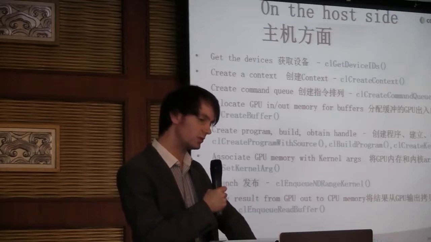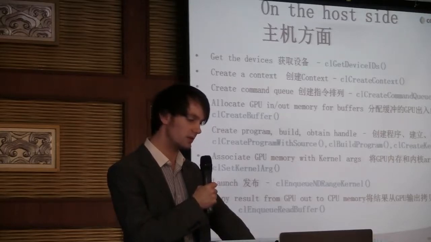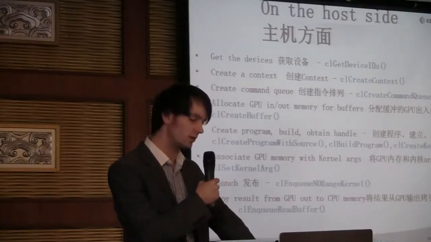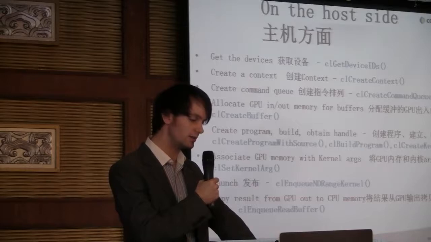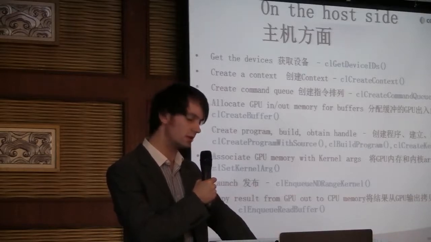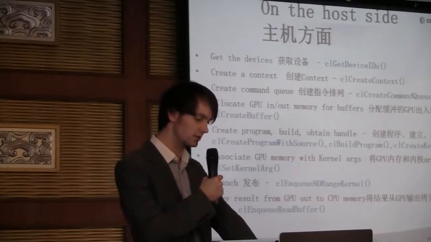On the host side for OpenCL, all of these APIs are provided by the Khronos specification, and I'm not going to go through every single one of them, but in order, these commands will let you set up a device and send data to the OpenCL device, wait for the data to come back, and read the data when it does.